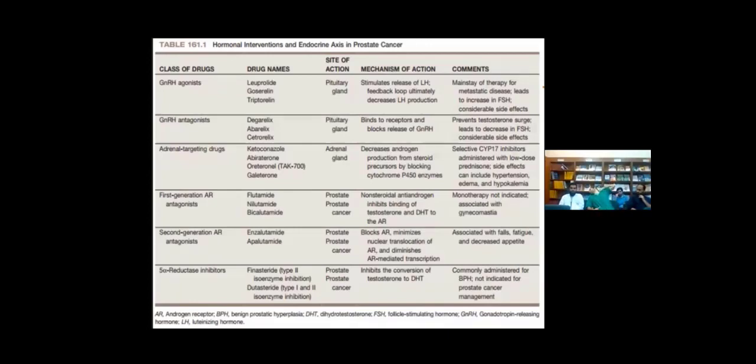They are not recommended as monotherapy, and are also associated with gynecomastia. The second generation blocks the androgen receptor, minimizes the nuclear translocation of the androgen receptor, and diminishes androgen receptor mediated transcription. They are associated with falls, fatigue, and decreased appetite.